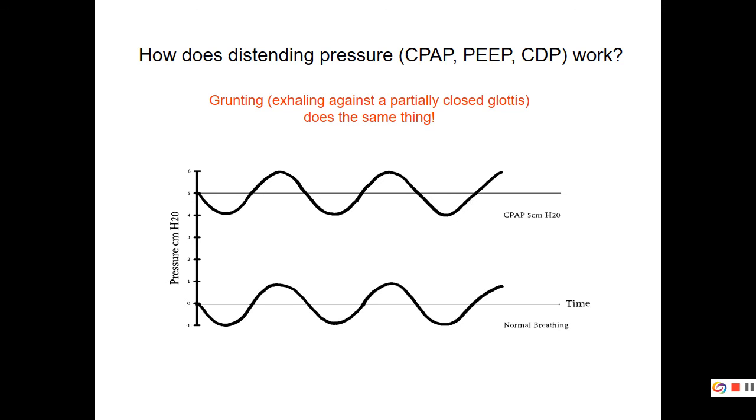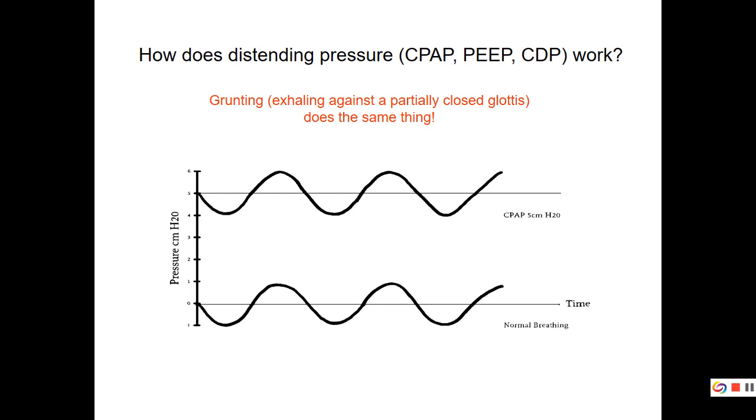When babies grunt, if their vocal cords are like this, they're narrowing them, right? That increases the resistance. It's almost like turning up the expiratory resistance valve on the CPAP circuit. So they're increasing their PEEP by making that grunting sound.